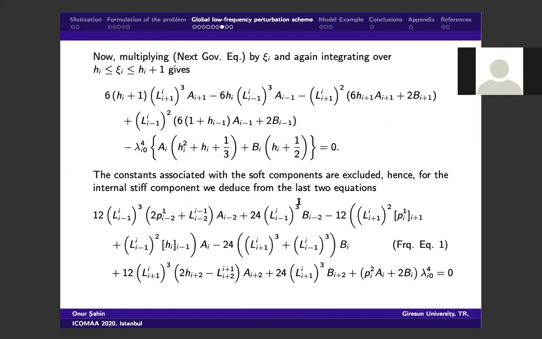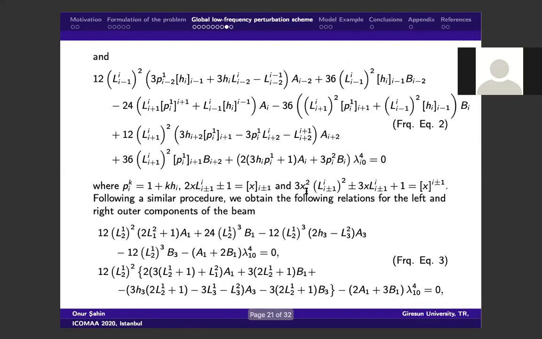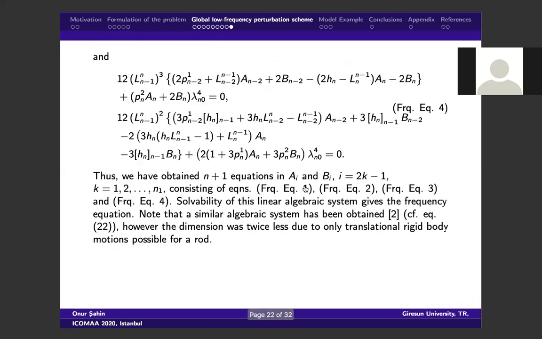Using the relation between the constants, these two equations turn to these two equations, and following a similar procedure for the left and right outer components of the beam, we again have two equations for the frequency of the stiff parts of the beam. Thus, we have obtained n+1 equations in AI and BI. Solvability of this linear algebraic system gives the frequency equation of the considered problem.